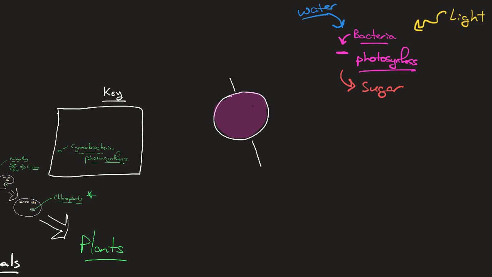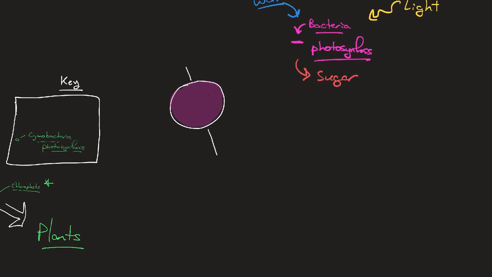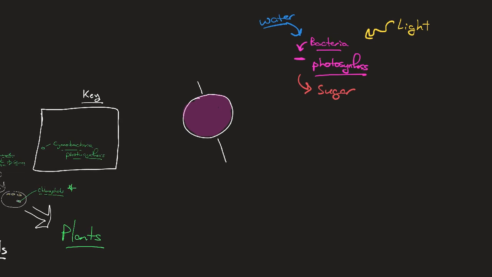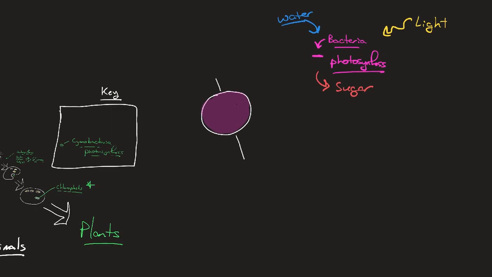But they don't really make oxygen, and they don't do the photosynthesis like we do it. But along came this other bacteria, a little green bacteria that we call cyanobacteria, that could do photosynthesis really well.